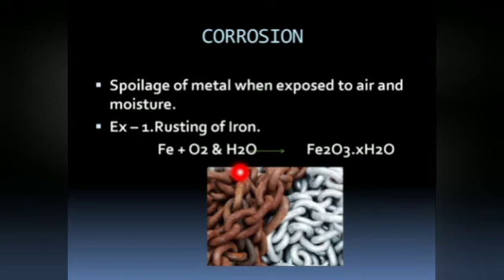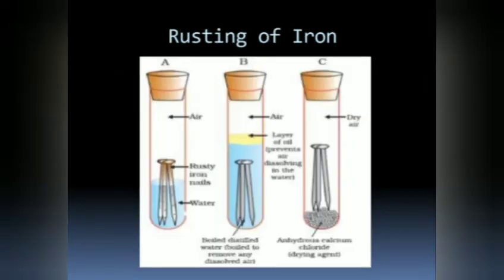So here is one experiment to prove the conditions which are required for the formation of rust. Here you can see 3 test tubes, A, B and C. In all the 3 test tubes we have taken iron nails. The test tube A is filled with water.